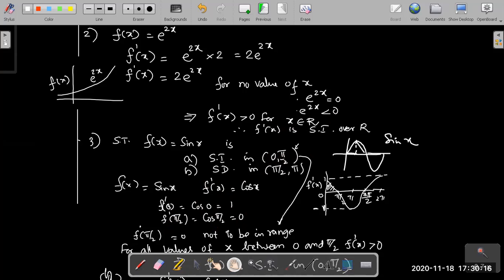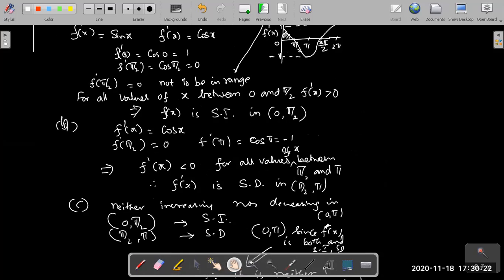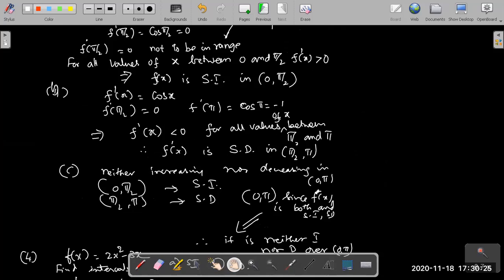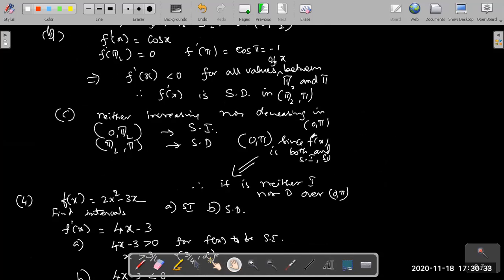So for all other values, it is positive only. Therefore, it's strictly increasing. Similarly, we have done for pi by 2 to pi, you get minus 1 and 0. That's why we say it's strictly decreasing. Between the intervals, if you take total 0 to pi, if it is increasing as well as decreasing, then we call that neither increasing nor decreasing between that interval.